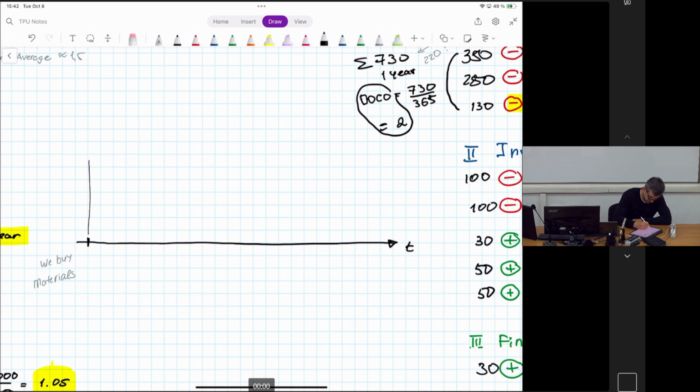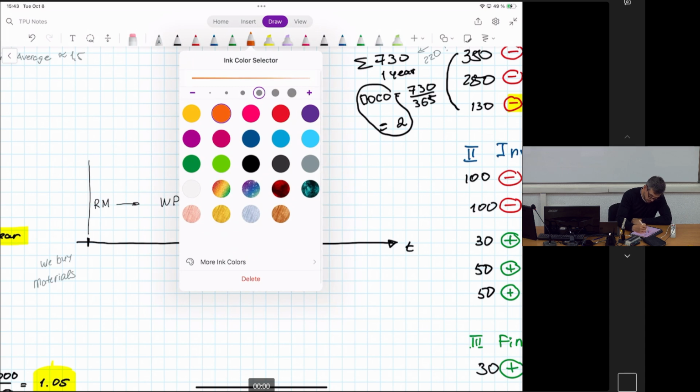This is the raw materials, okay. The raw materials, after a certain time, become work in progress, and after a certain time, they become finished goods, okay. So when they become finished goods, that's the end of production transformation. So all of that together will be called, I'll use a different color.